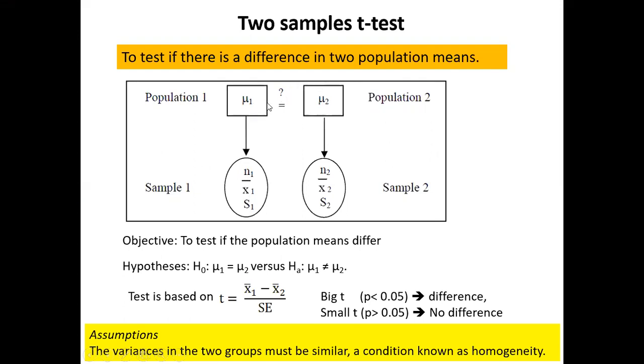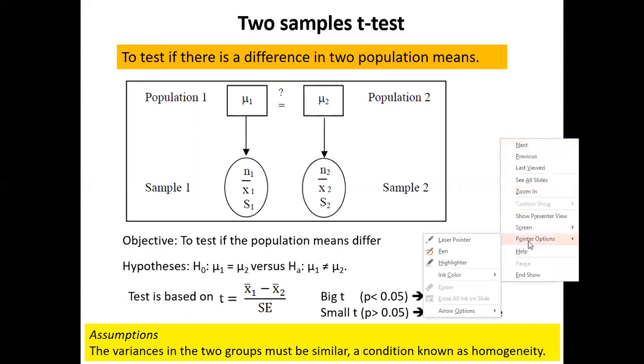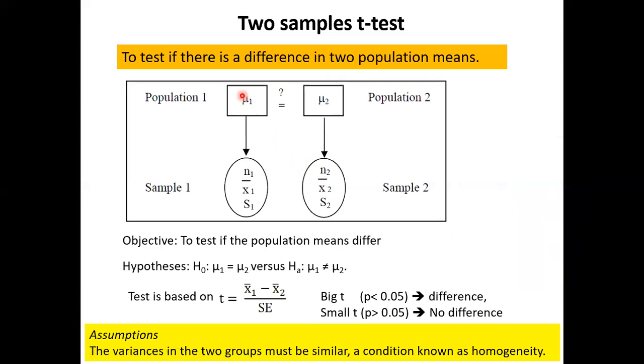It can be either in population 1 or population 2, like male and female. So what do you want to know? For example, you could be testing whether the mean BMI here is the same as the mean BMI here. What do you do? That's the question.